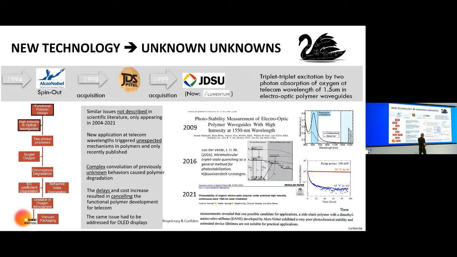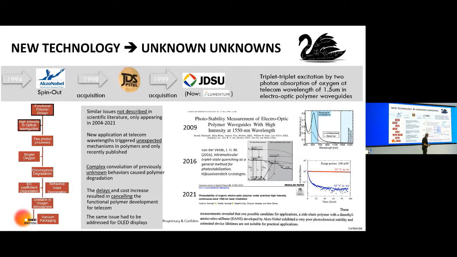They were especially developed for the telecom wavelength of 1.5 micron, for very low loss and high non-linearity, which you could use to modulate the light. Only they had one problem. They died very quickly if you started to do live testing, and this was completely not understood.